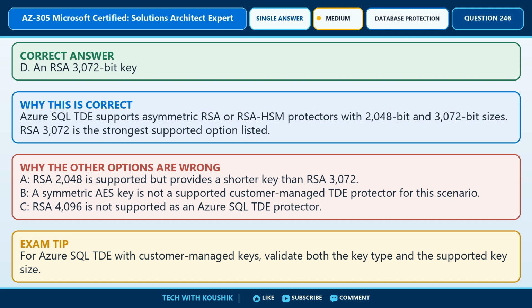The other choices do not satisfy the requirement because A, RSA 2048 is supported but provides a shorter key than RSA 3072. B, a symmetric AES key is not a supported customer-managed TDE protector for this scenario. C, RSA 4096 is not supported as an Azure SQL TDE protector. A useful examination rule is this. For Azure SQL TDE with customer-managed keys, validate both the key type and the supported key size.